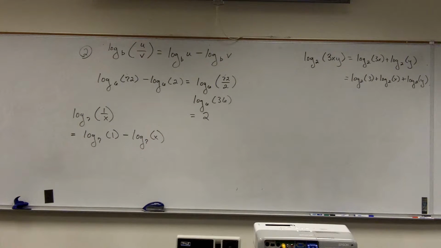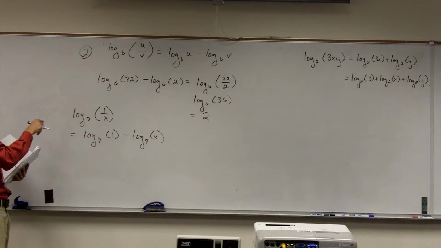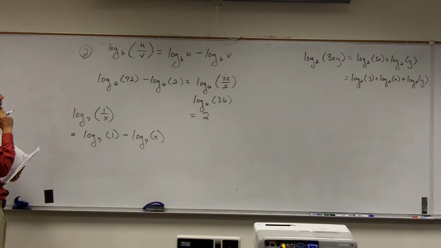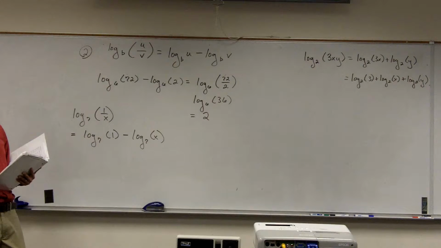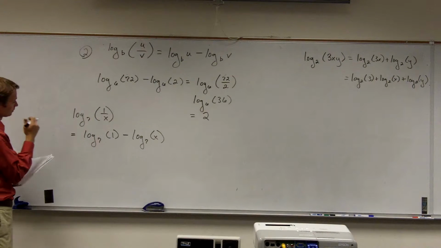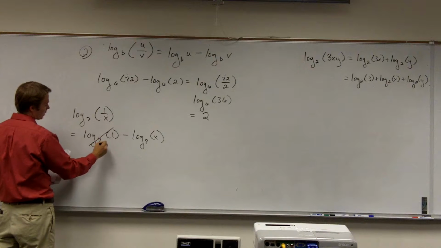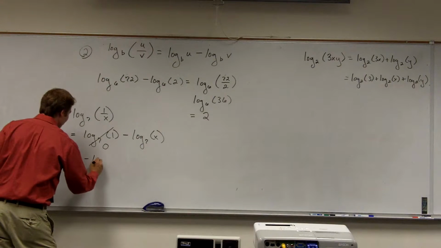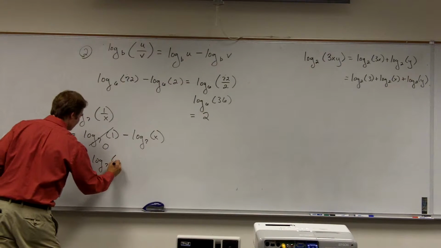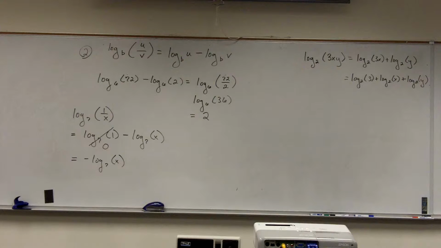But what is log base 7 of 1? What power do we have to raise 7 to get 1, right? 0. Right, so that's 0. Any logarithm of 1 is always going to be 0. So I can actually just rewrite this as negative log base 7 of x.